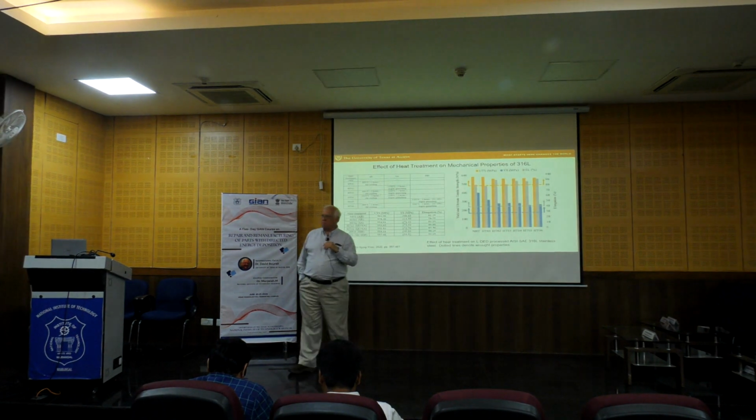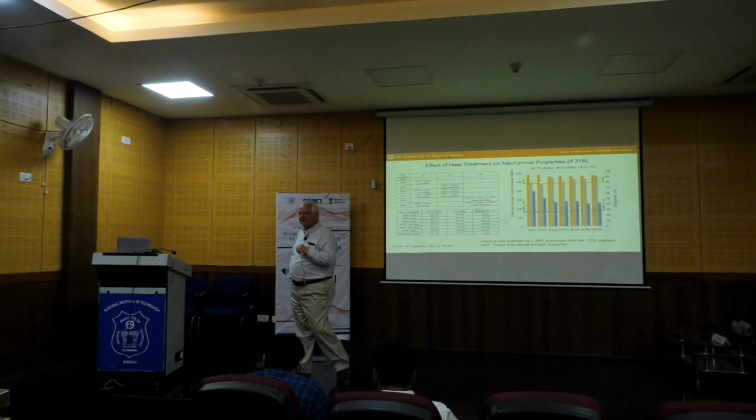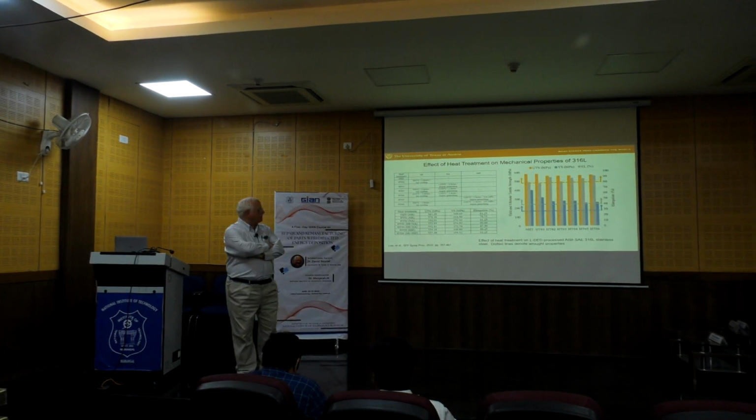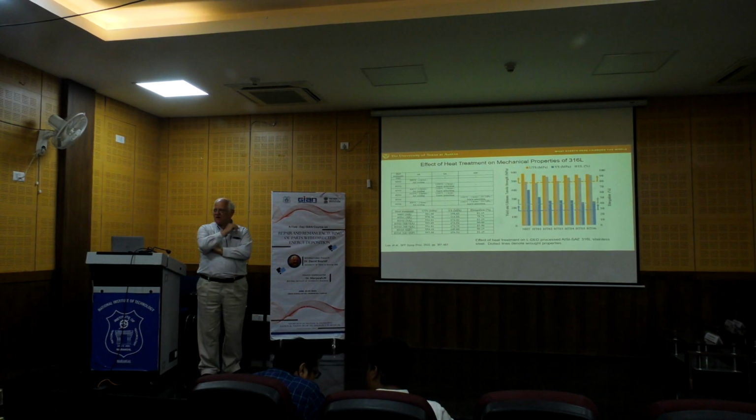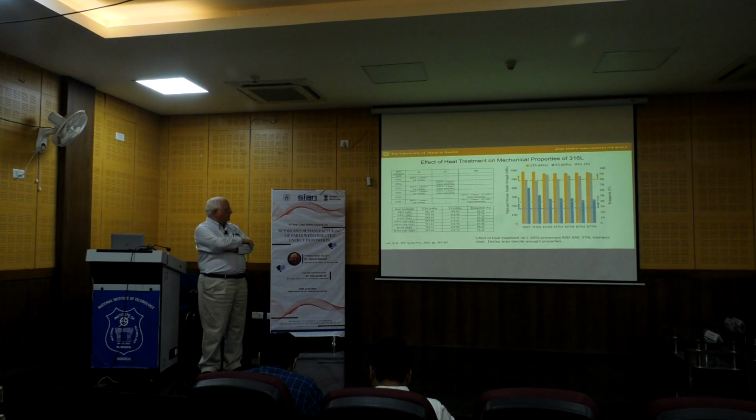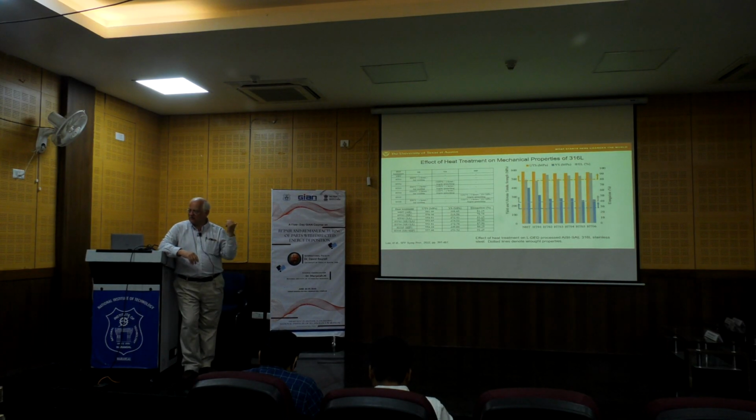I can tell you what my best explanation is, having looked at it. I think they confuse the elongation and the yield strength, and that the elongation is actually the blue, and the yield strength is the gray. That's my speculation of what the issue is here.